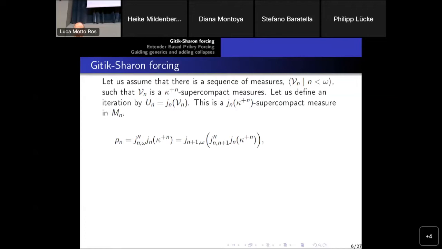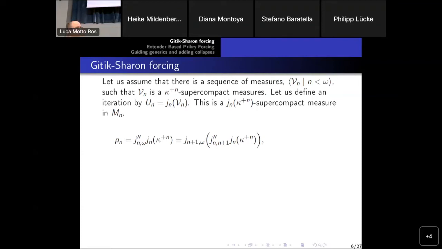What is going to be our forcing? Okay, so let's deal with them. So the generator for Un is going to be this: the pointwise image of the ultrapower map over the domain of the measure, right? Because it is a supercompact measure. But we are going to keep iterating after we apply this ultrapower.